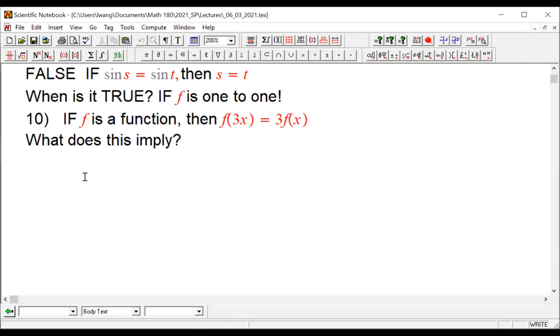Because f is a function, that tells you that if f is one of the functions in basic one, is it true? f of 3x, that's true.